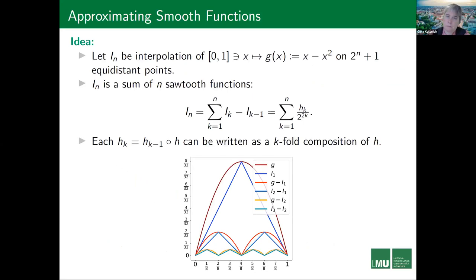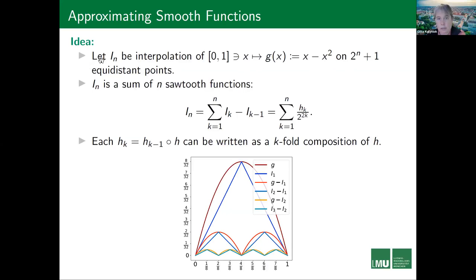Now, this observation can also be used to create various functions and then see again what the role of depth is. This follows ideas by Yarotsky, where he wanted to approximate the quadratic function with neural networks.